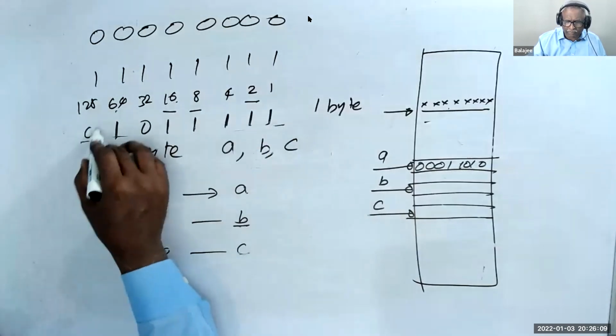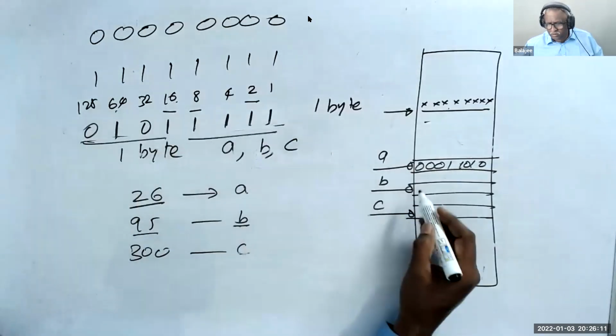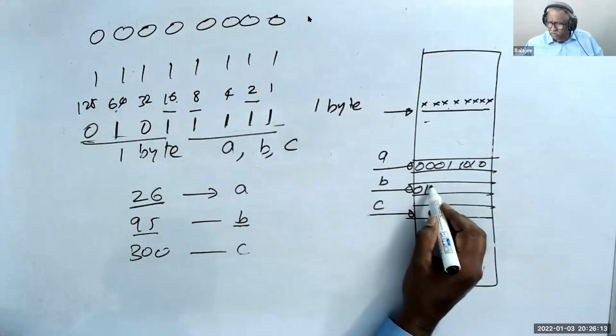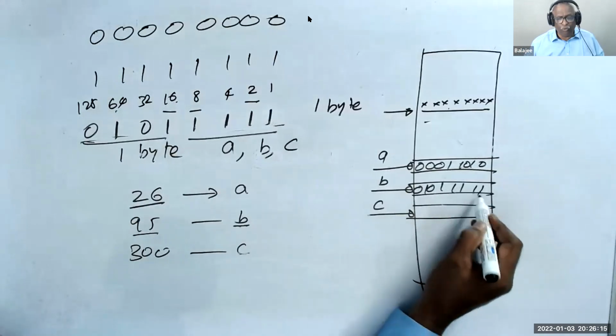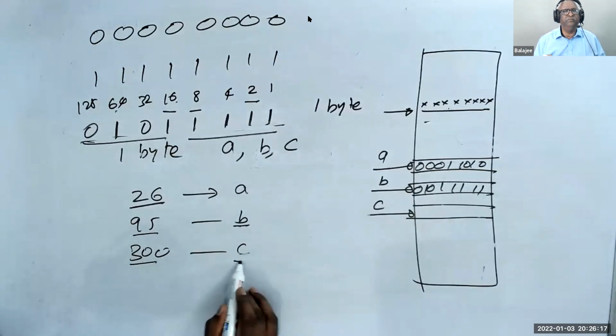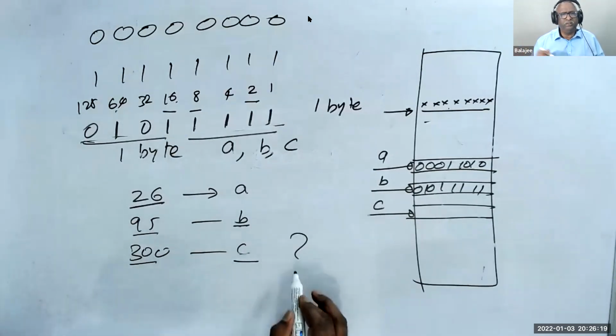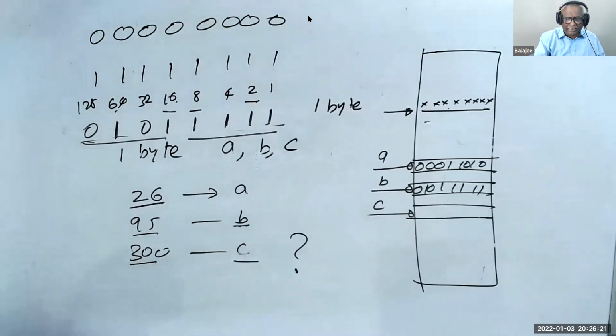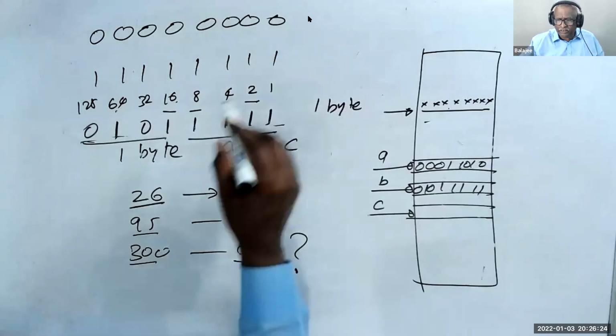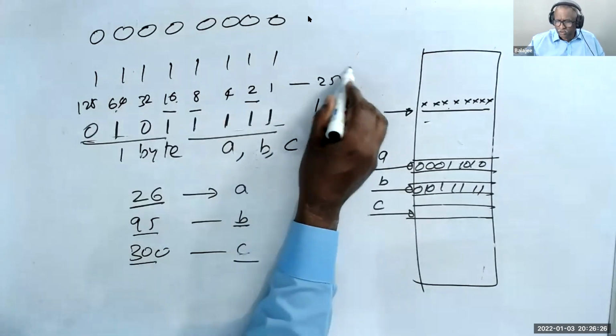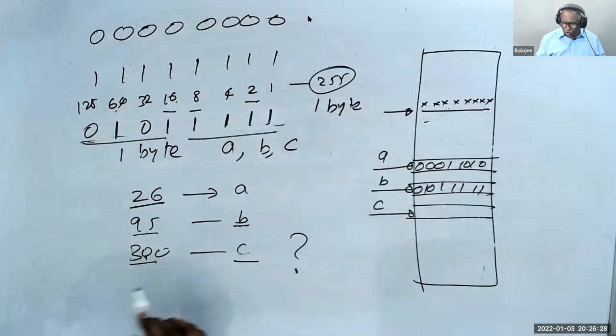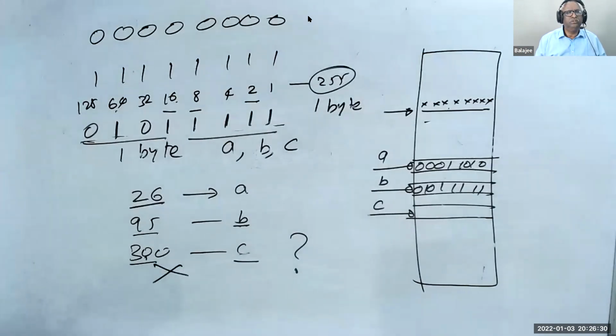That number is stored here. But now you have written 300 to C. That gets confused because the maximum, if you put all 1s, you get 255. You cannot store 300. This is wrong. You cannot do that.